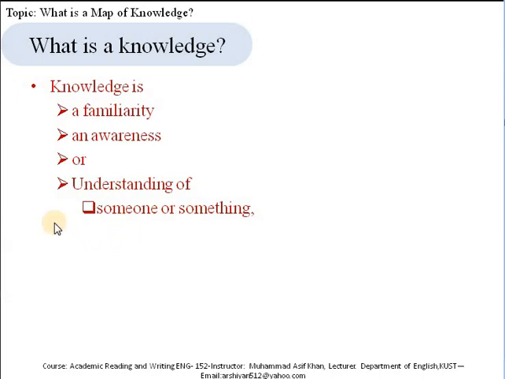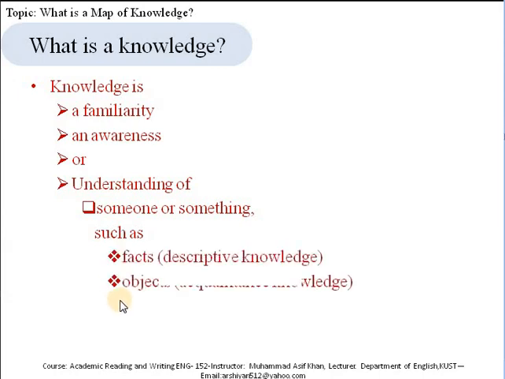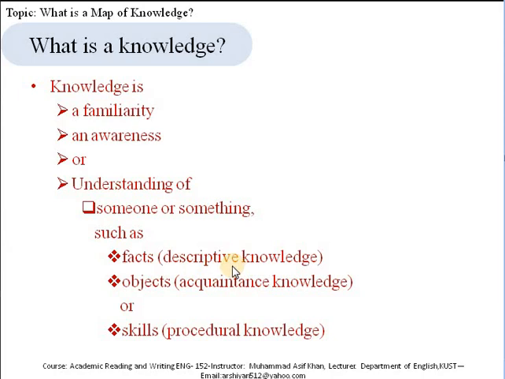And we can further define these very concepts as the familiarity or awareness or understanding of facts, objects, and skills. Facts are basically descriptive knowledge, and objects are acquaintance knowledge, and skills are procedural knowledge.